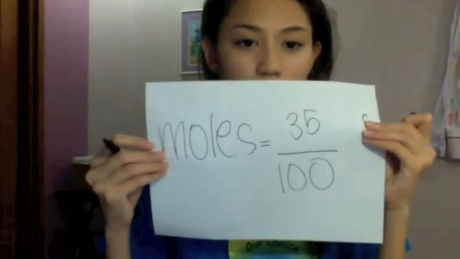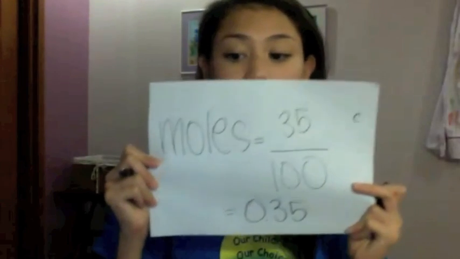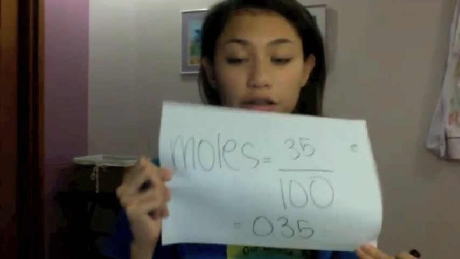So if we use this equation, it would be moles equal to 35, which is the number given in the question already, 35 grams, over the RFM, which is 100, would give you 0.35. So the final answer would be 0.35 moles of calcium carbonate.